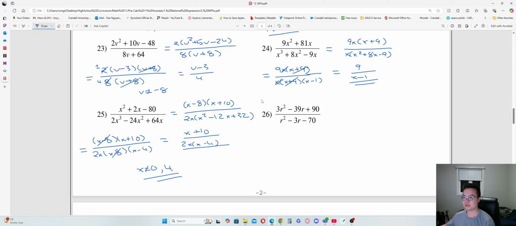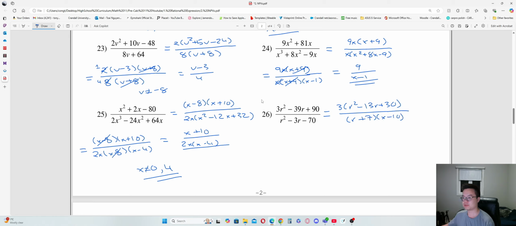Okay, let's move on to the last question of episode 2, series 1 of rational expression. So here we have 3r squared minus 39r plus 90, so I can take 3 out. So I will have r squared minus 13r plus 30 in my brackets. Now we'll factor the bottom, so we'll have r plus 7, then r minus 10.